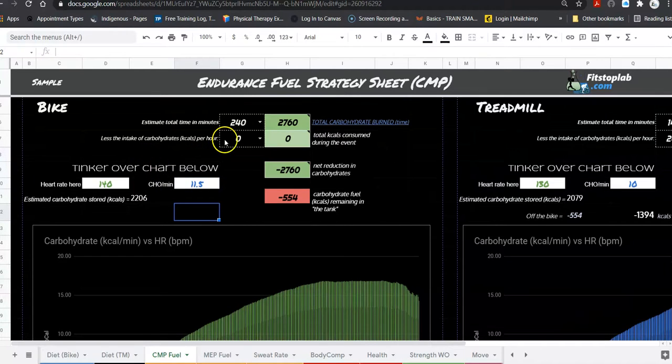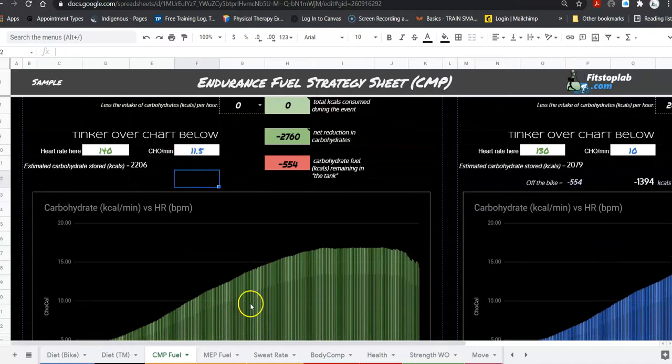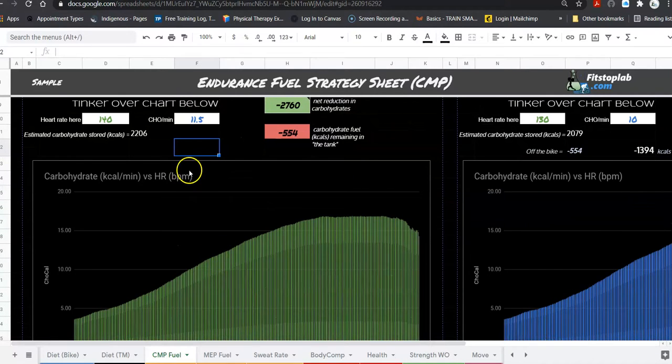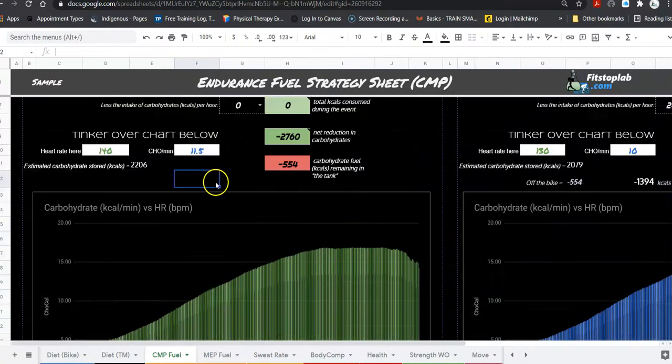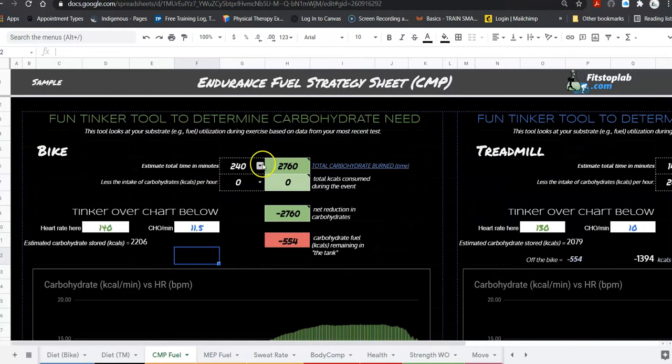So for example, if I'm at that intensity for this individual, a moderate to high level, 140 beats per minute, and let's say I was going about 4 hours on the bike at that intensity. So that's 240 minutes.